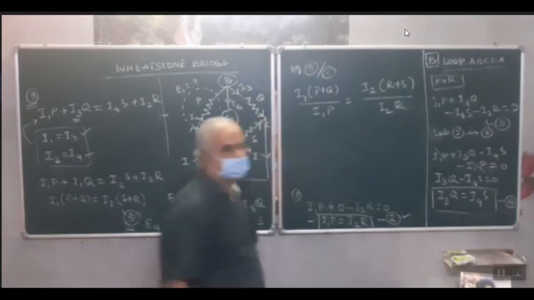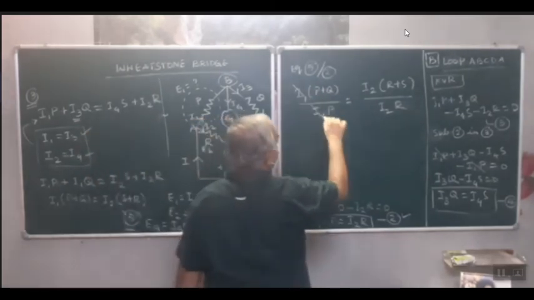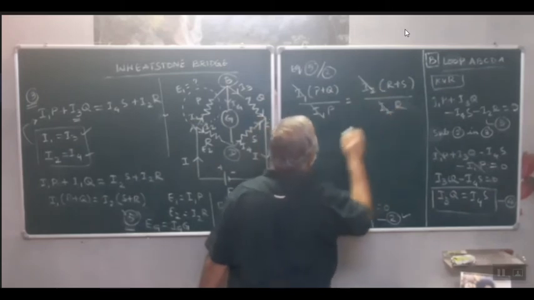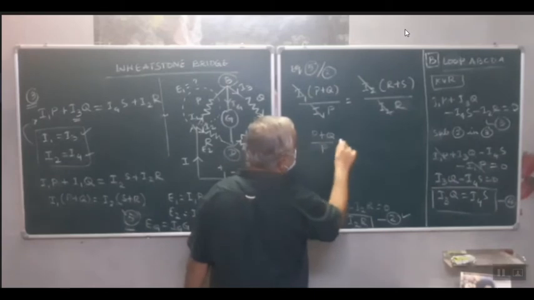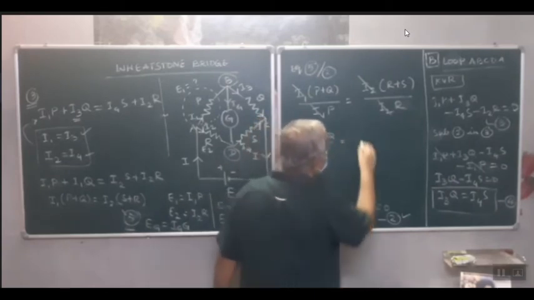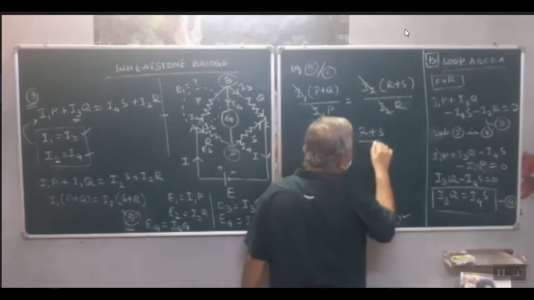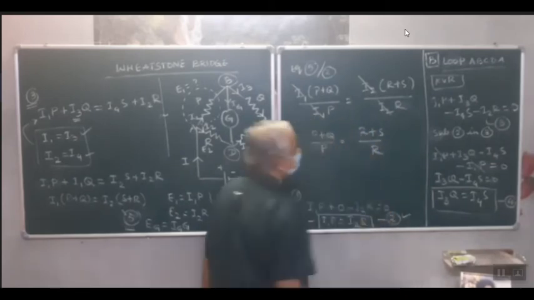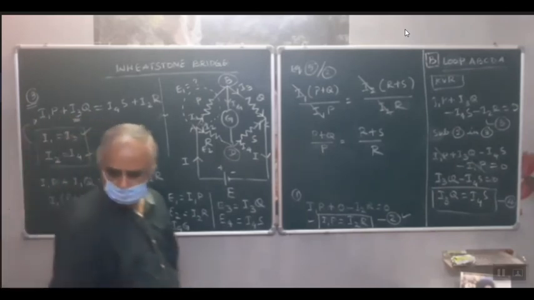So we can strike out I1 and I2. Now the equation becomes P plus Q divided by P is equal to R plus S divided by R.